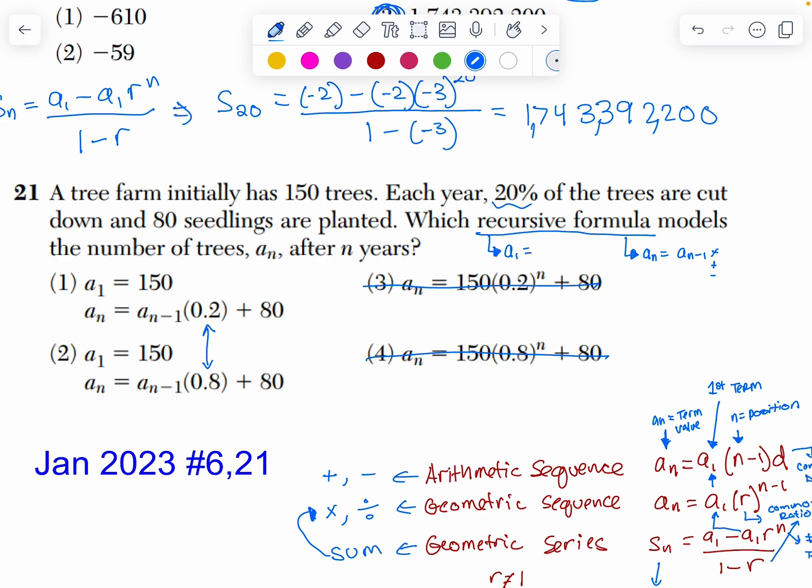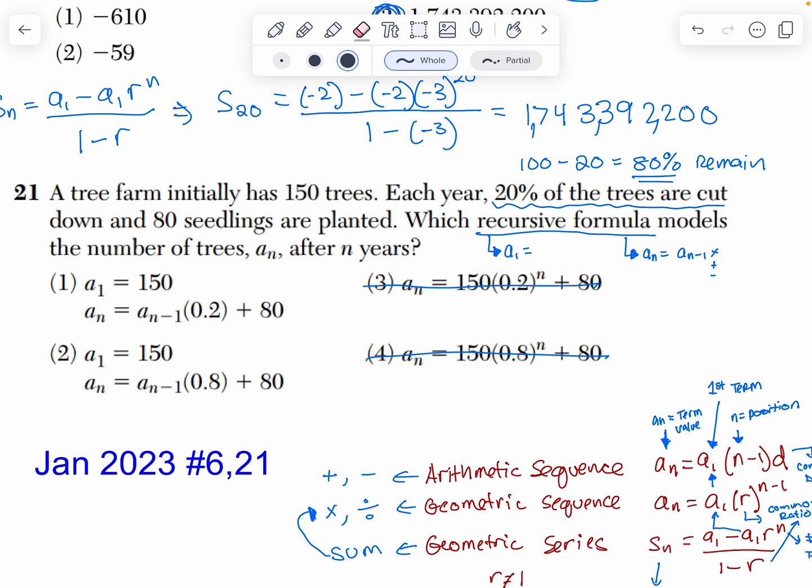Now, if 20% of the trees are cut down, you need to think about this. How many trees are left? Well, 100% minus 20% is 80% of the trees remain. So if I'm making an equation for how many trees are still left, I'm using the 80%, not the 20%.